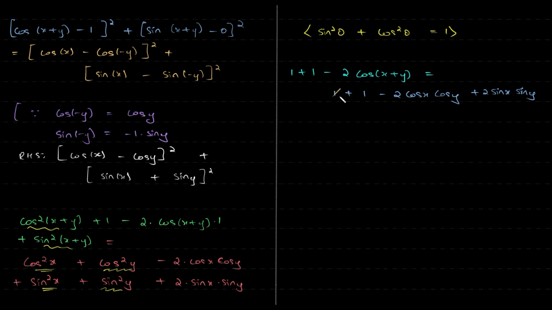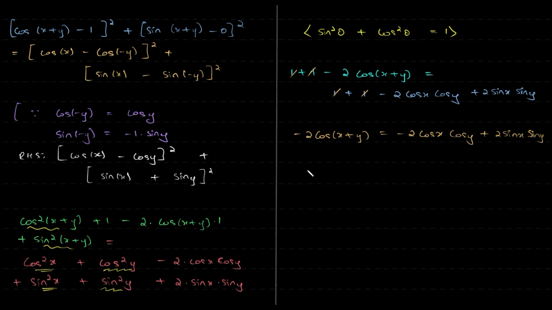Right, so 1 and 1, 1 and 1 will get cancelled, and we are left with minus 2 cos of (x plus y) is equal to minus 2 cos of x cos of y plus 2 sin of x sin of y.